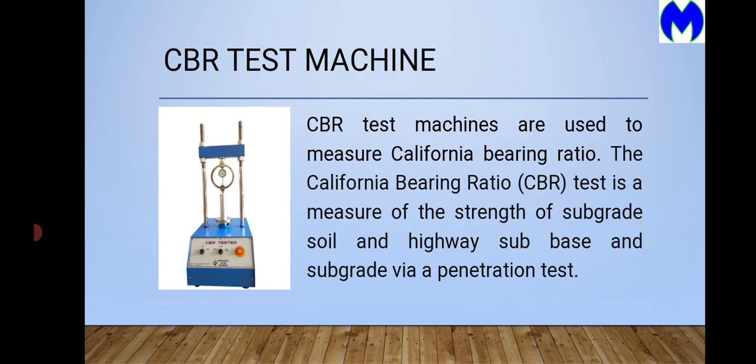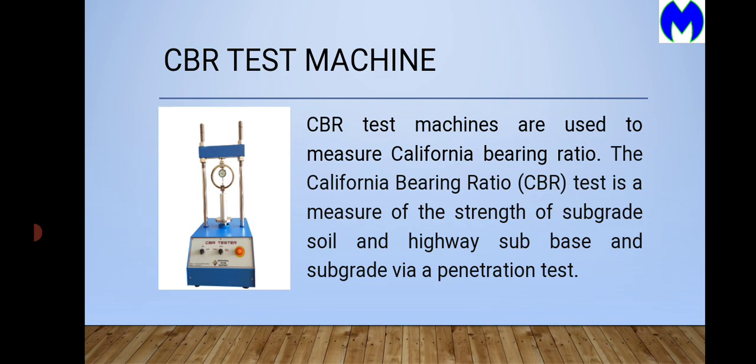The California bearing ratio test is a measure of the strength of subgrade soil and highway subbase and subgrade via a penetration test. When we say subgrade, that is the undisturbed soil, the existing soil that the road pavement will sit on.